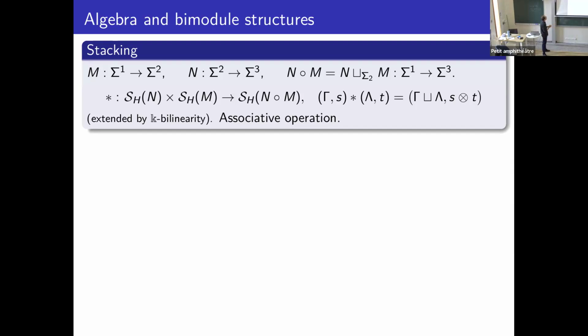If you have a stated skein in N and a stated skein in M, then you can produce a new stated skein in the composition of the two, because you have a natural inclusion of N into the composition and of M into the composition. Then you can just take the disjoint union of the two stated skeins. And for the states, you just do the tensor product. And this is readily seen to be an associative operation, which we call stacking.